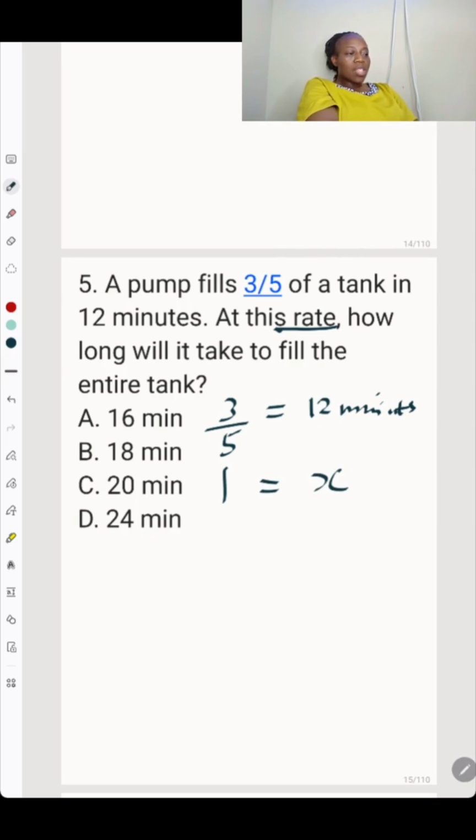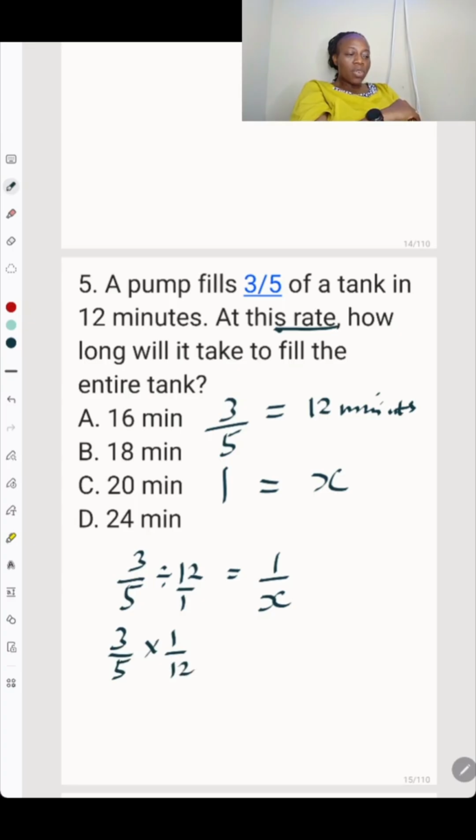So I will say 3/5 divided by 12 equals 1 divided by x. We need to change this. So this is going to be 3/5 multiplied by 1/12 equals 1/x. 3 can divide 12, that will be 4.